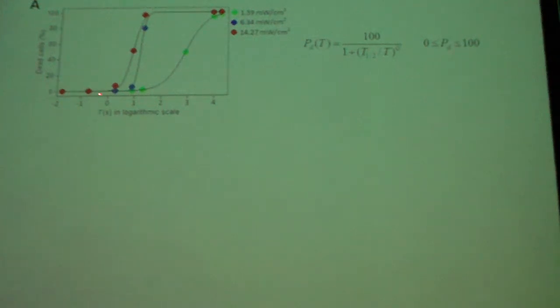You can find out that there is a nonlinear relationship between the amounts of irradiance and exposure time and death. This is the formula which fits the data and fits this S-shaped curve.